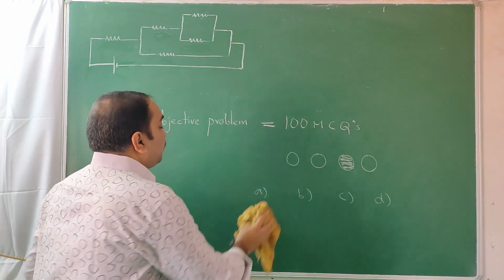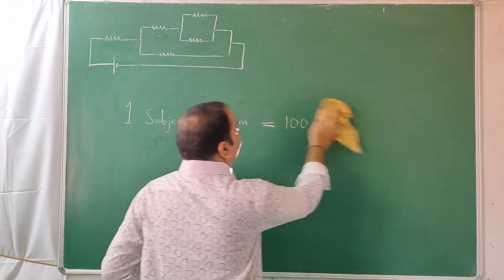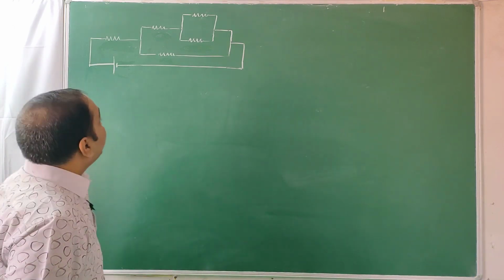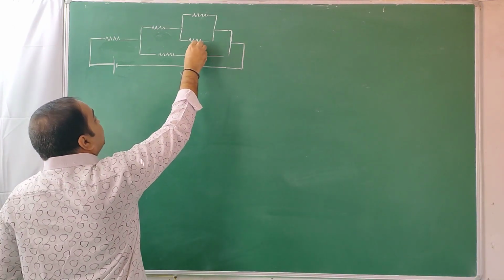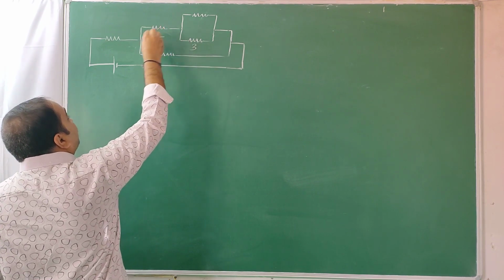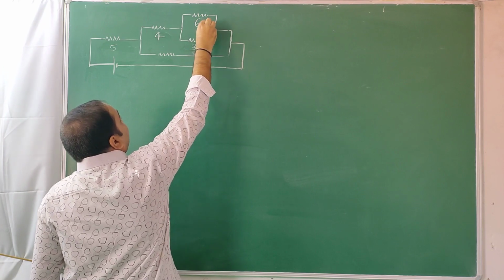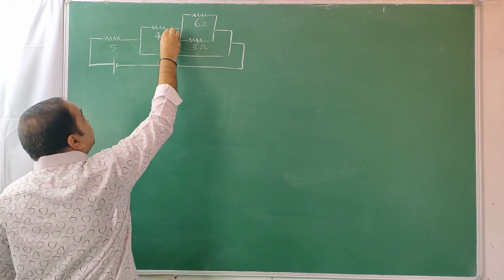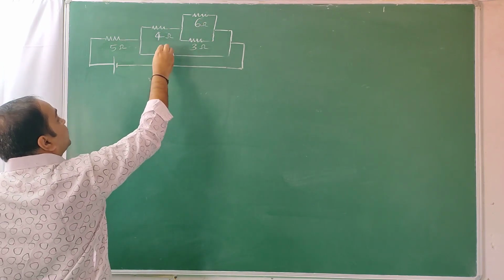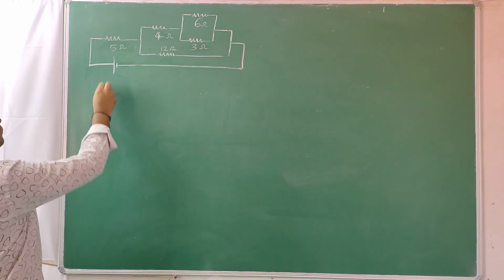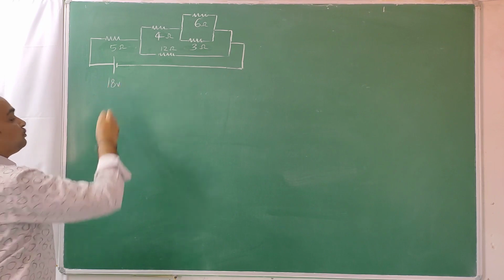So how the question is given, I will put it on the board now. So there is a question here. I'll take some resistances: 3 ohms, 4 ohms, 5 ohms, 6 ohms, this is the symbol of ohms, resistances, and this is say 12 ohms, and this battery is say 18 volts.